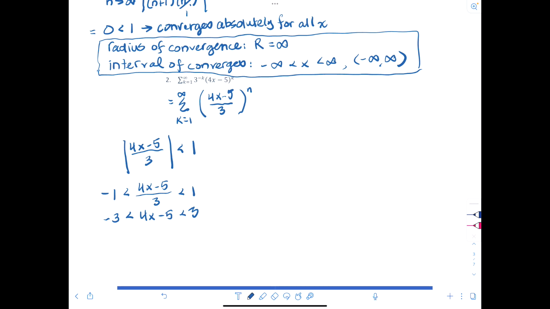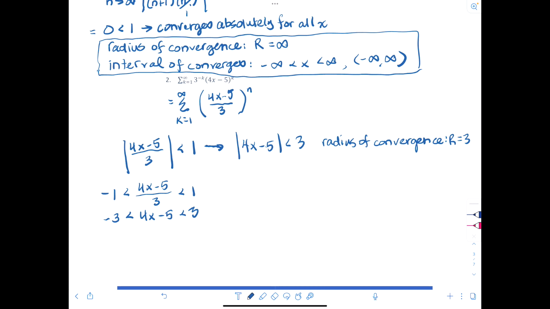So do you see that the radius of convergence, if you put this back into absolute value, you'd have absolute 4x minus 5 is less than 3. So our radius of convergence is r equals 3.